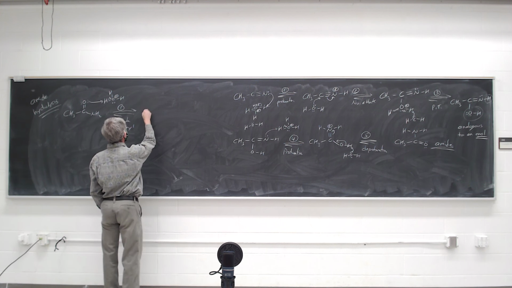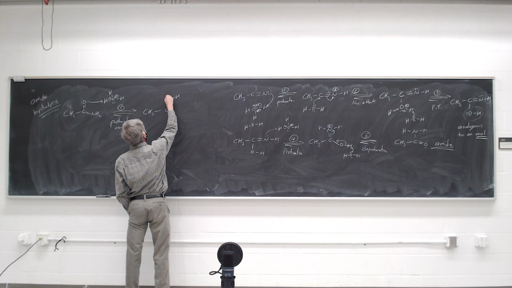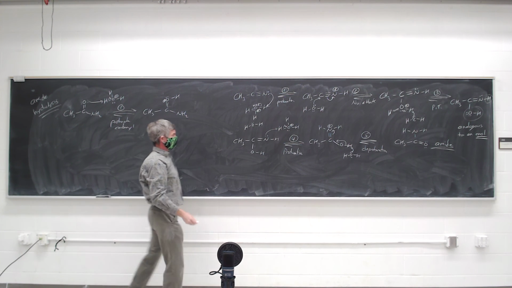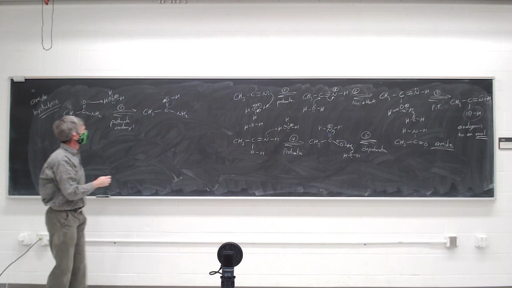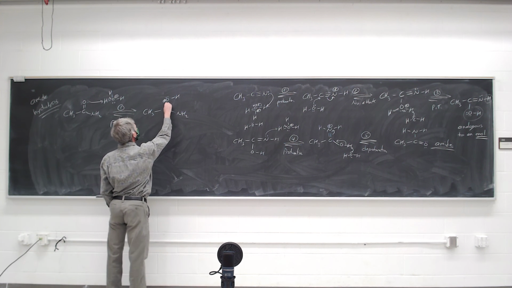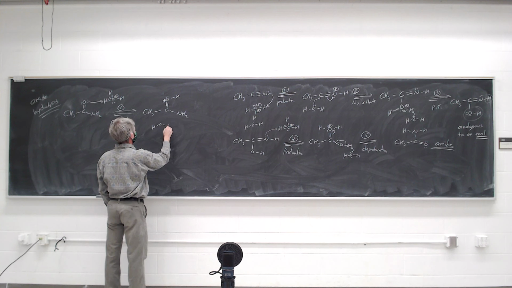And you'll actually recognize that that's going backwards. That's generating the same intermediate that we had before we took that hydrogen off. I just drew it as a different resonance structure now. We're then going to attack this carbon with water.